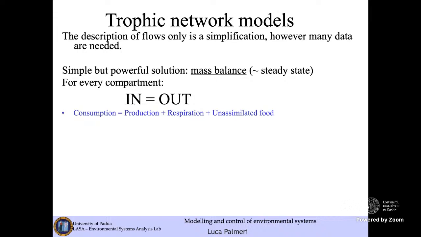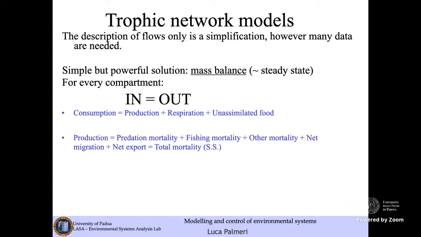Our continuity equation, which we have seen several times during the class, may be written in this way. Consumption is equal to production plus respiration plus unassimilated food, so losses during the process of consumption. Production may be written as predation mortality plus fishing plus other mortality plus net migration plus net export plus total mortality. Again, steady state, so we may include in production all the effects.